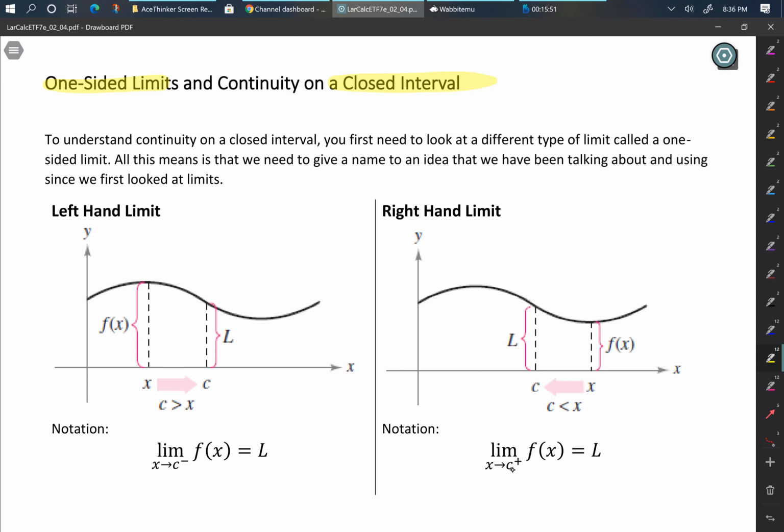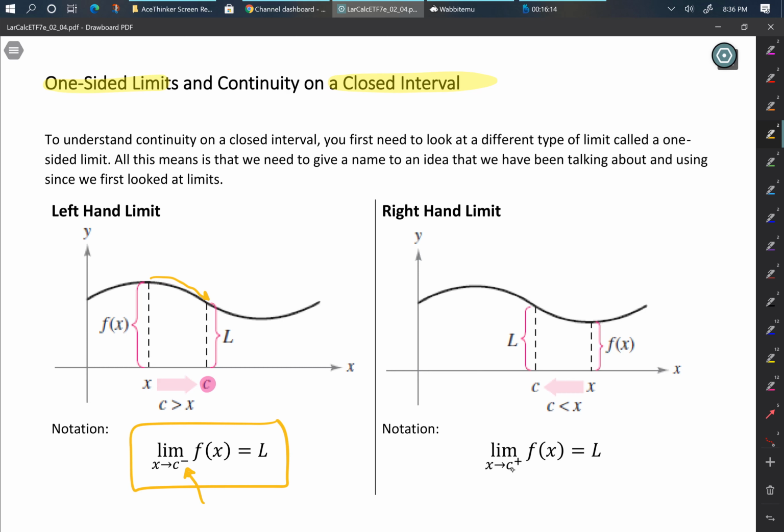Right? So what we're saying is, if you're taking the limit at c, and you're approaching from the left-hand side towards that value, that is a left-hand limit. The notation that we use is this little negative symbol in the exponent position.